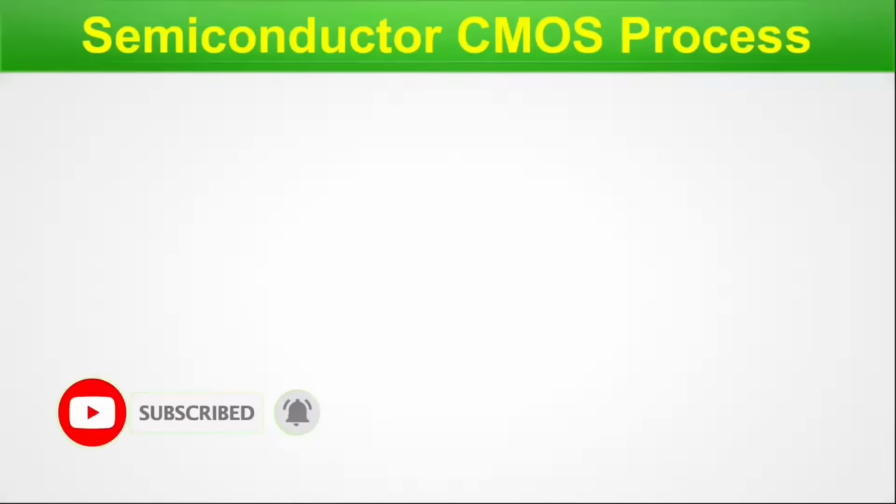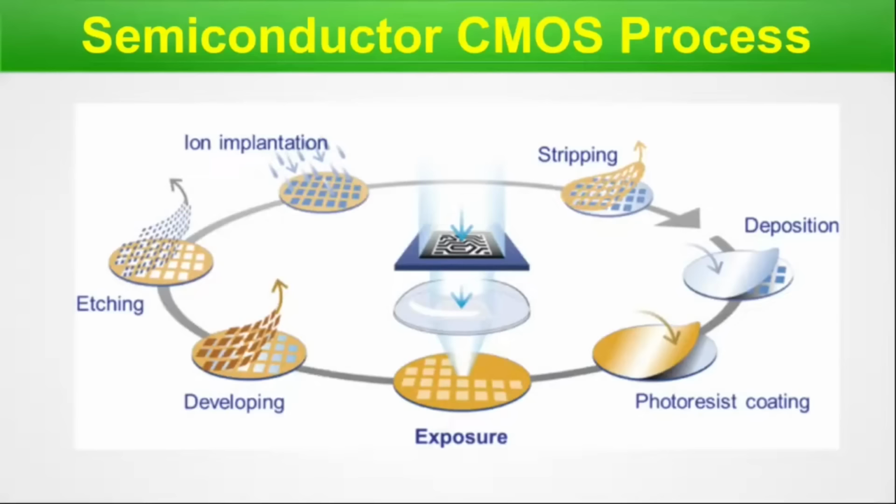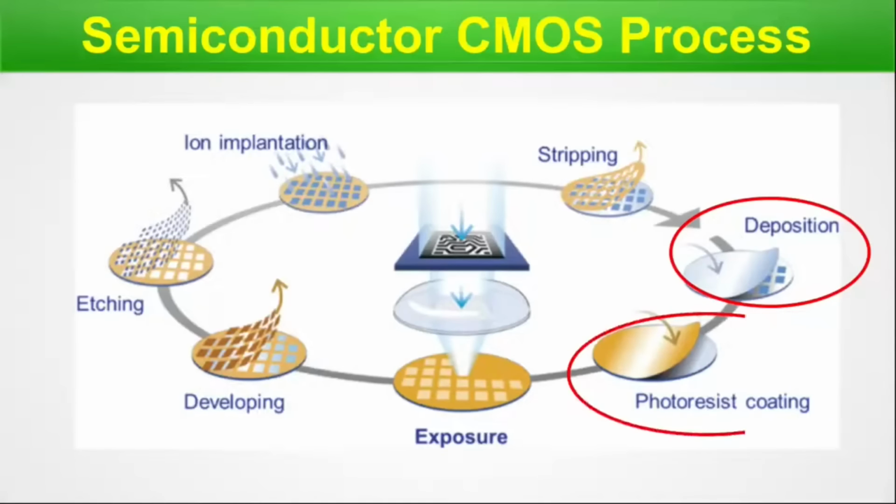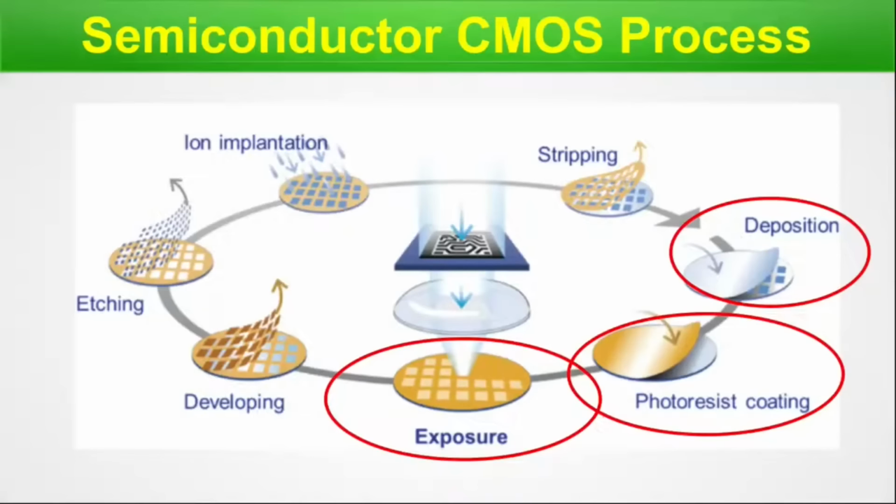Semiconductor CMOS process. Here is the infographic by which we will recap the already known fabrication process. It's in a cyclic manner, so let me start from one point. We do the deposition, then we do the photoresist coating, then we use a mask and expose this photoresist to the mask layout, and accordingly an imprint happens on the photoresist coating.